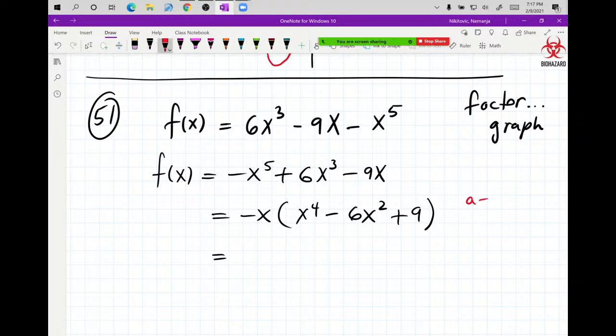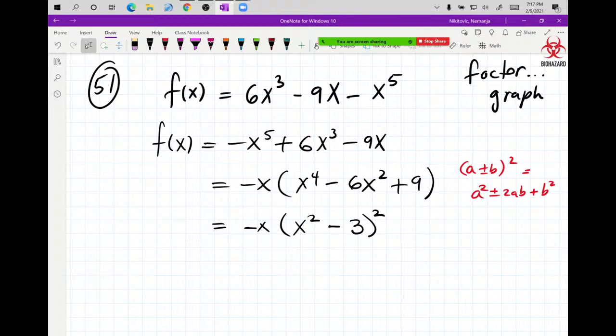The (a plus or minus b) squared is a squared plus or minus 2ab plus b squared. So negative x, square root of the first, sign of the second, square root of the third, squared, and then try the middle term, which is negative 6x squared. That's perfect. Okay, so that worked.